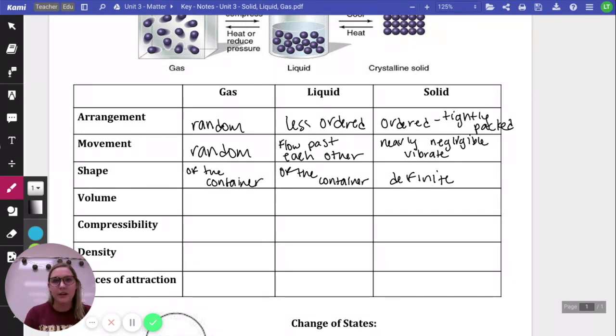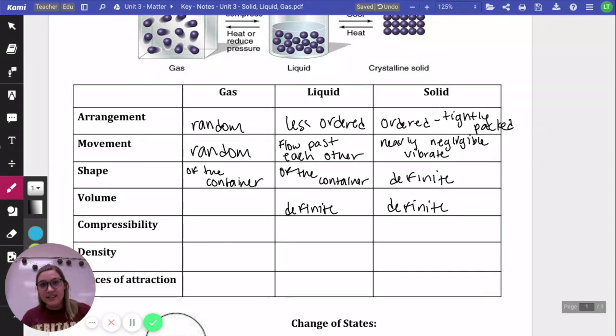Okay, next is volume, or how much space they take up. All right, solids have a definite volume. They're always going to take up the same amount of space. Liquids also have a definite volume. So even though their shape can be different, whether it's turned this way or this way, the shape changes, but the amount of liquid stays the same.